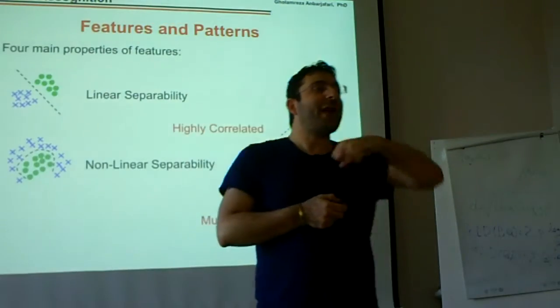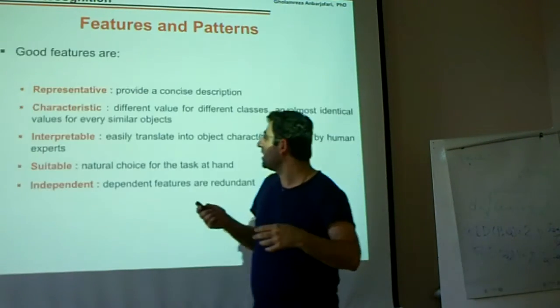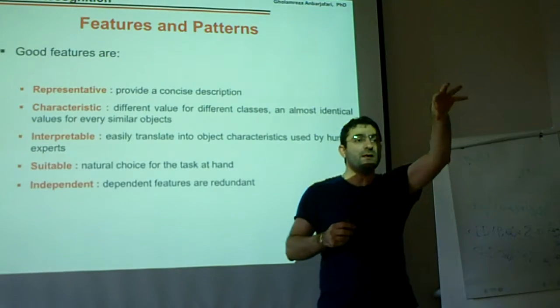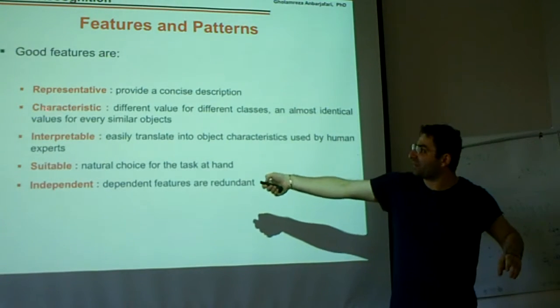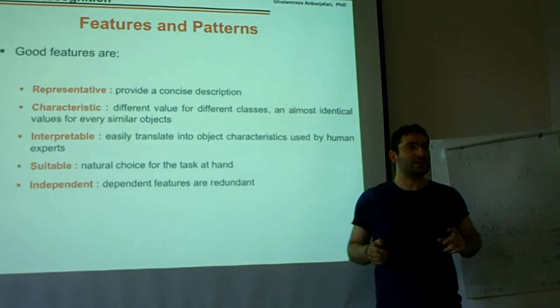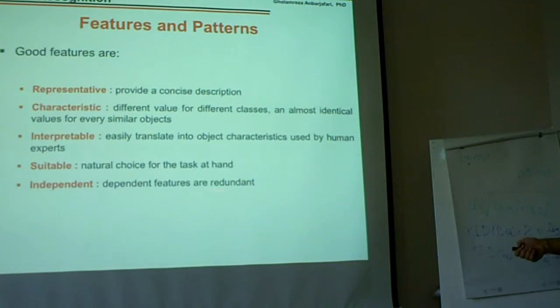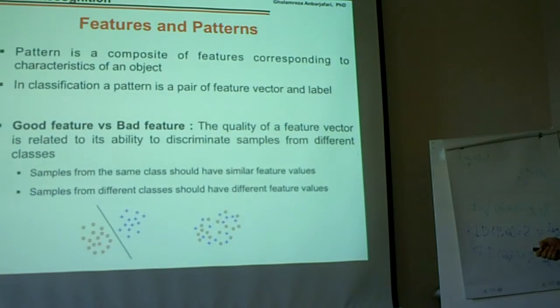But if I have independent features, what will happen? One will characterize one terminology, the other one will characterize something else. So they have to be independent. Dependency will introduce redundancy. We don't like it.